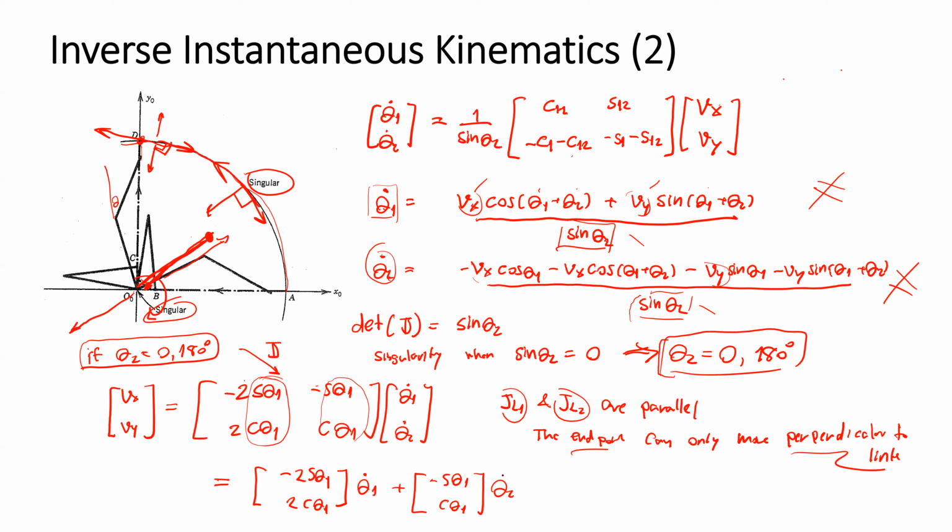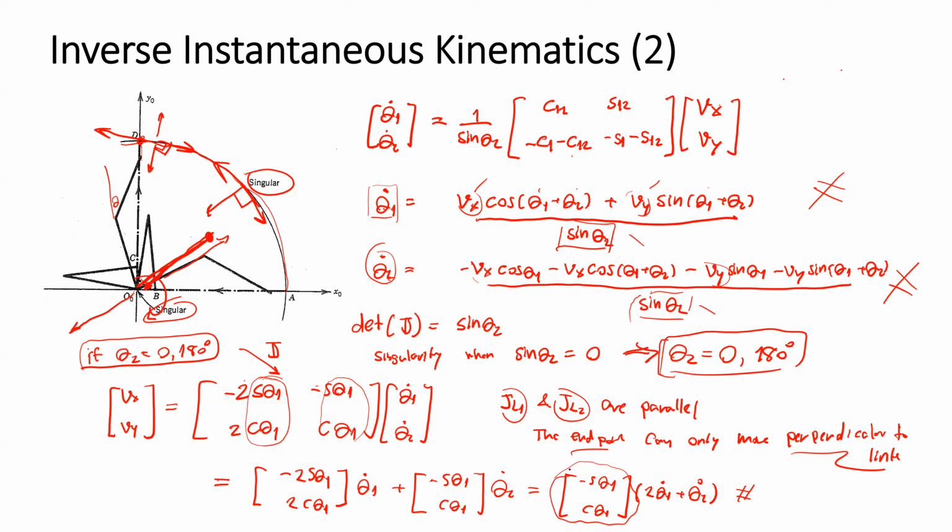You can combine it, and the joint speed too, you can combine it like this. You have two joints, but you need only one Jacobian.